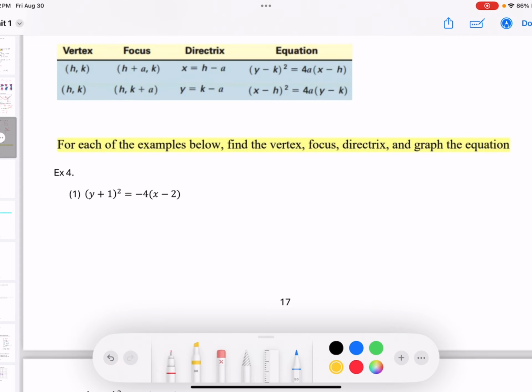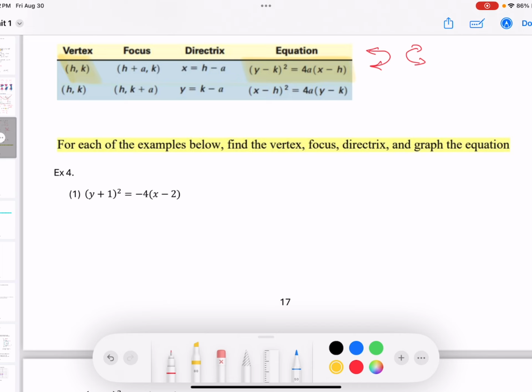If we have the equation of our parabola, for example, this one where the y part is squared, my parabola opens to the left or to the right. It all depends on whether A is positive or negative. Then we can use a formula to find the focus and directrix. From the equation, I can find my vertex.